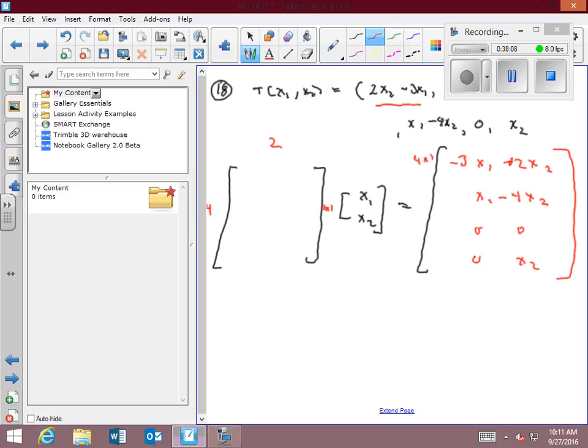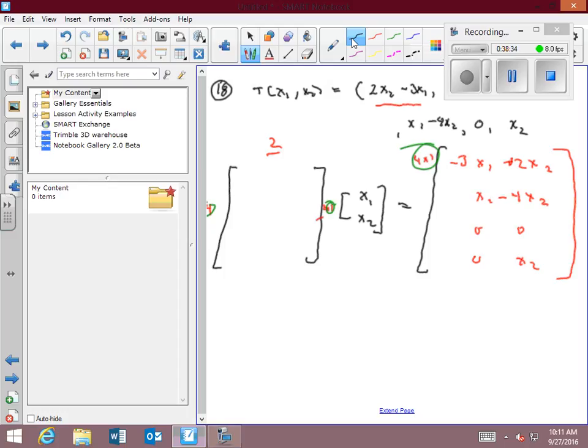Because this 2 and this 2 have to match, and the outer numbers tell you what the result is. That's what has to happen when you're doing matrix multiplication.